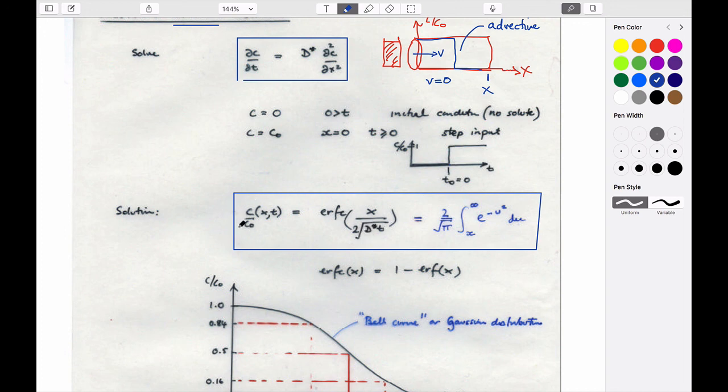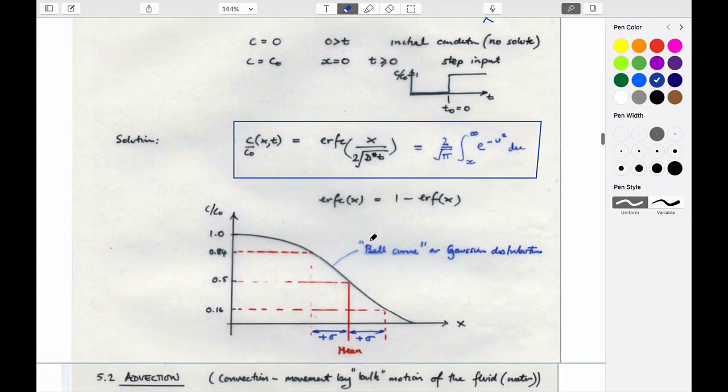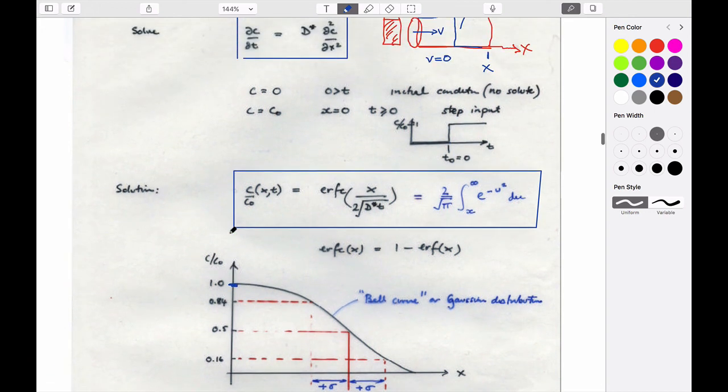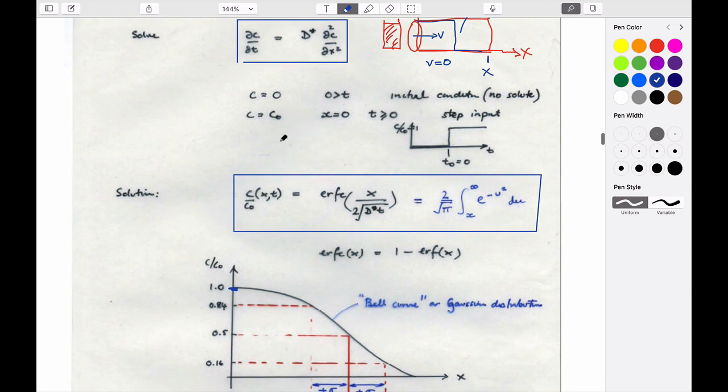So the concentration depends on the upstream concentration, how far you are downstream that you want to look at this, the material property, the diffusion coefficient, and when it is that you look at it. And if you solve this equation and draw it out, then it looks like this. It always keeps this relative concentration of 1 at the upstream location, this value here.